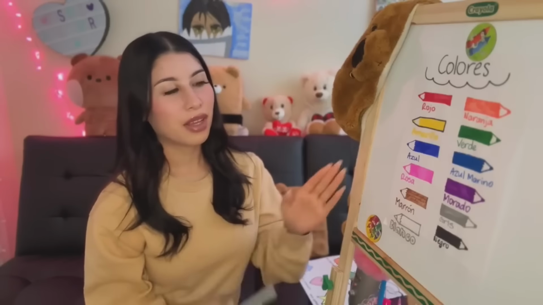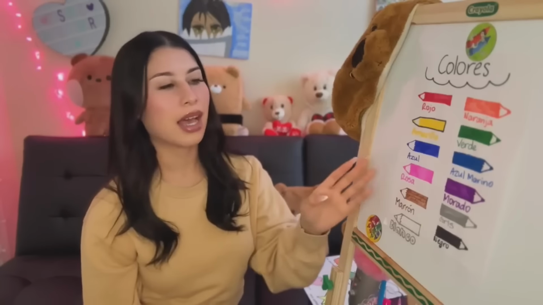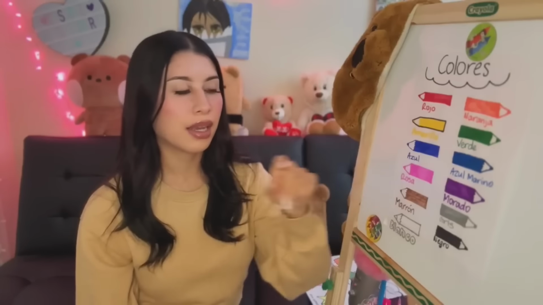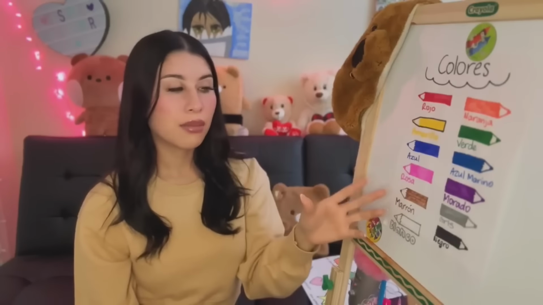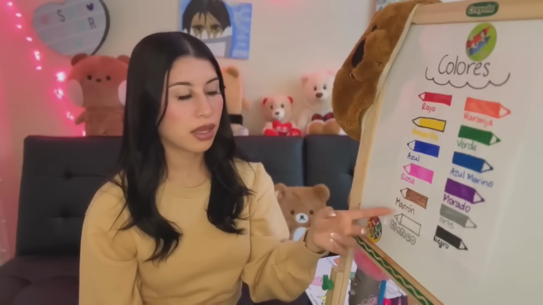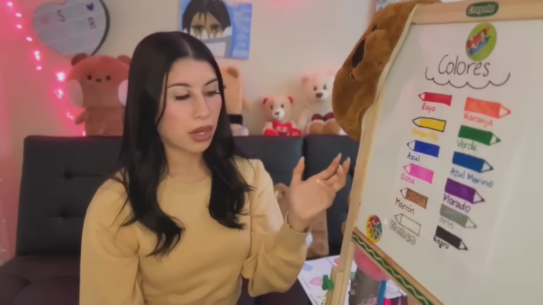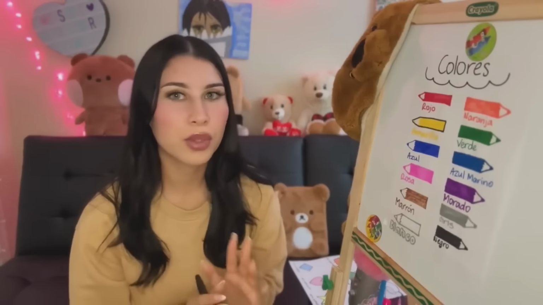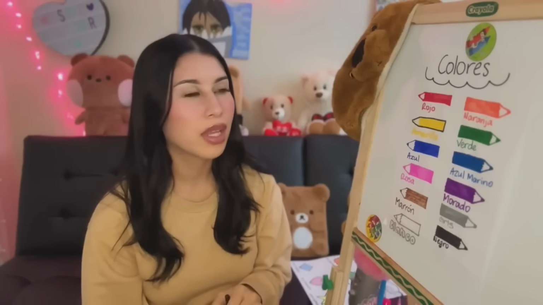Here in my chart, in our lesson, they have azul marino, and they don't say anaranjado, they say naranja, and they don't say brown, like the way I was raised to, which was café. They say marrón.